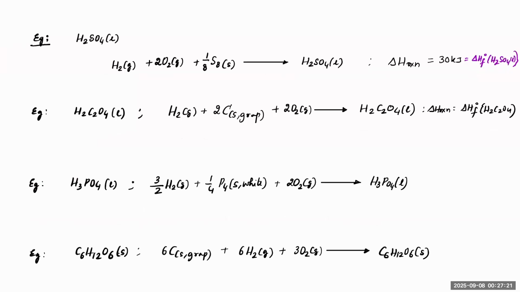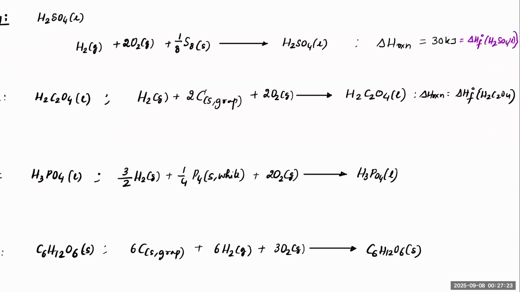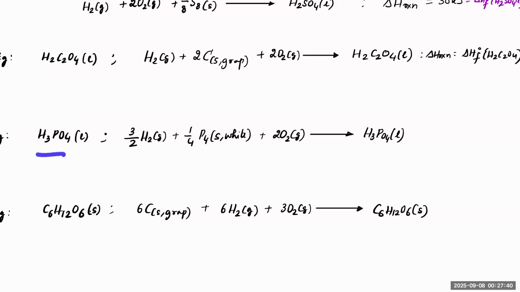Okay, so this is the equation for delta H of formation of H2SO4. Similarly, for formation of oxalic acid, hydrogen should come from H2, carbon should come from graphite, oxygen should come from O2 gas. So this delta H of reaction will be the same as delta H of formation of oxalic acid. Same goes for H3PO4: hydrogen is coming from H2 gas, phosphorus is coming from P4 solid white, and oxygen is coming from O2 gas.